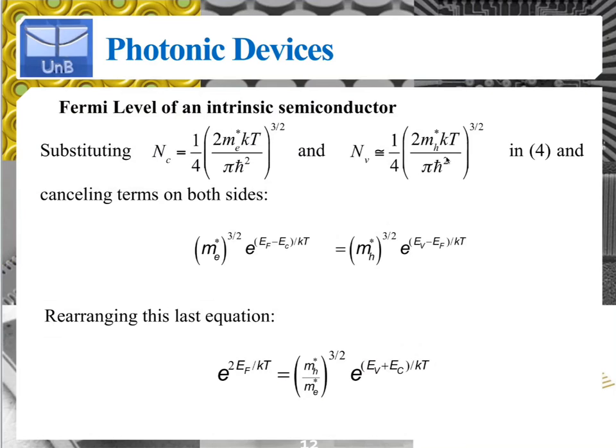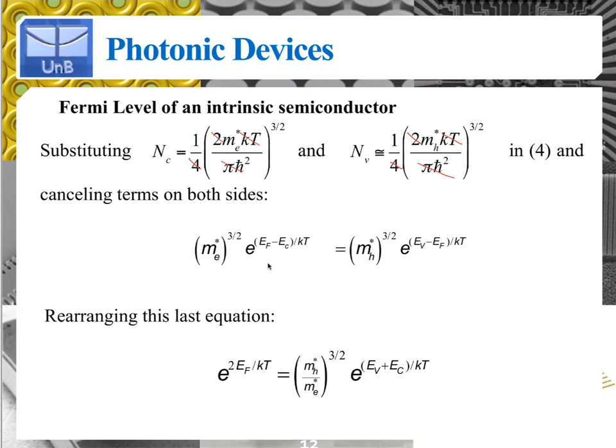For example, this 4, this 2, the kT to the power 3/2, and also the pi times h bar squared will cancel out, and we'll be left with the effective mass of the electron to the power of 3/2 on the left hand side, and the effective mass of holes raised to the power of 3/2 on the right side.